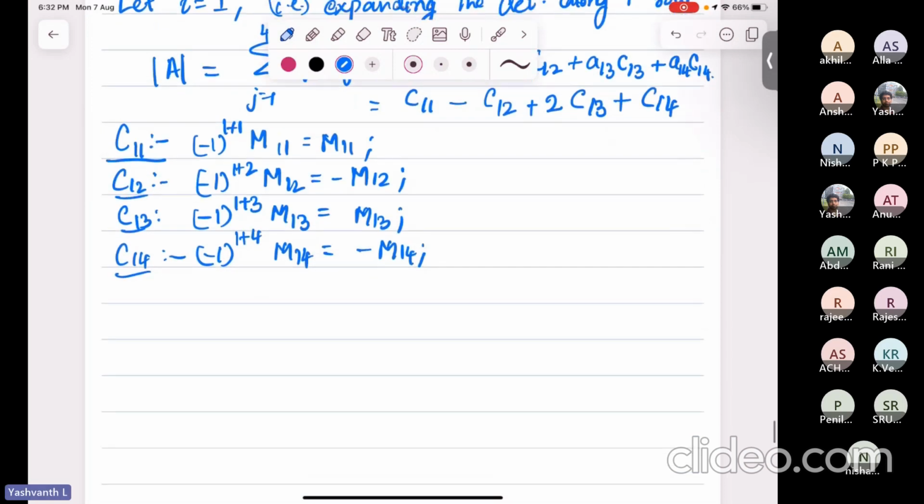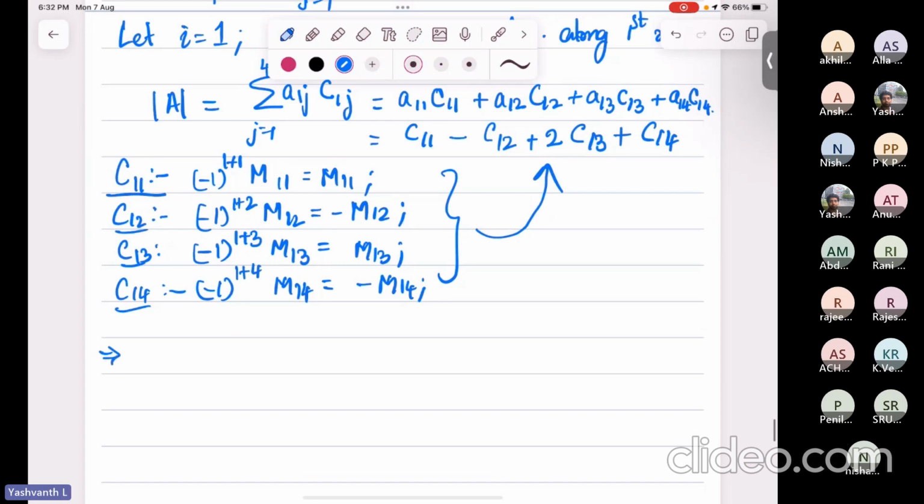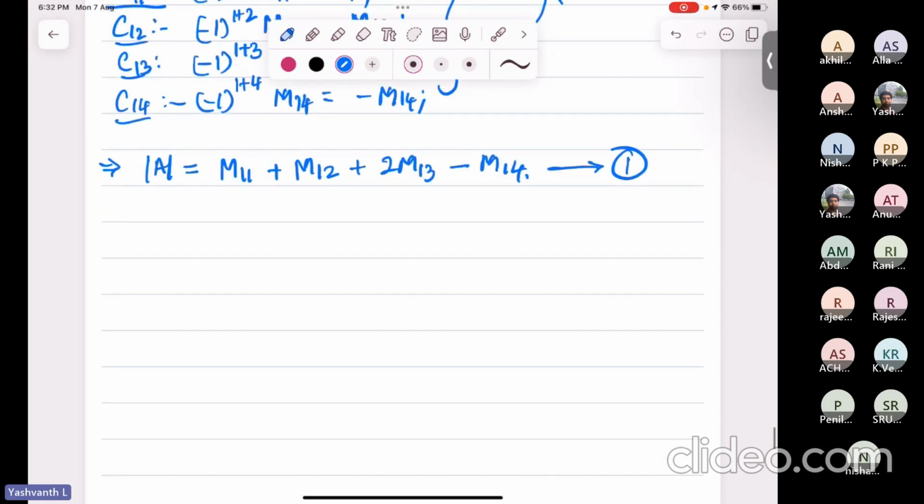Then substitute these in this equation. It implies det of A equals M11 plus M12 plus 2 M13 minus M14. This is equation 1.